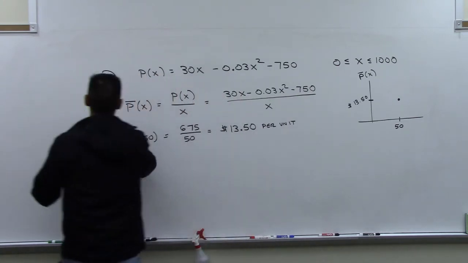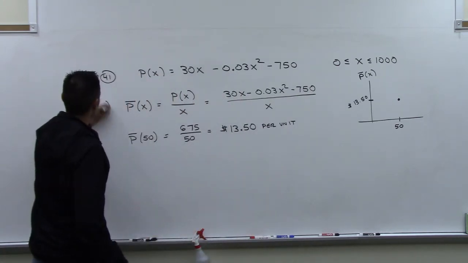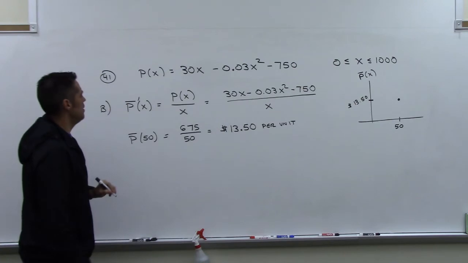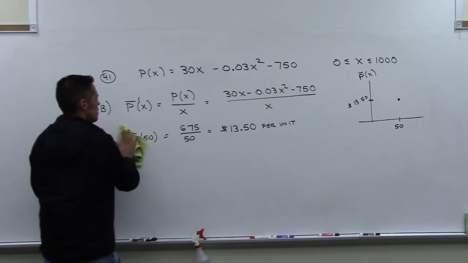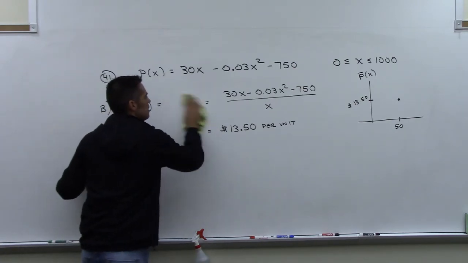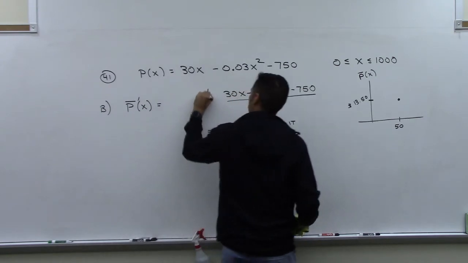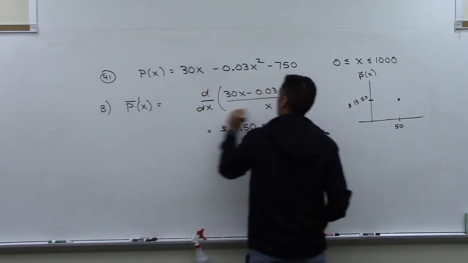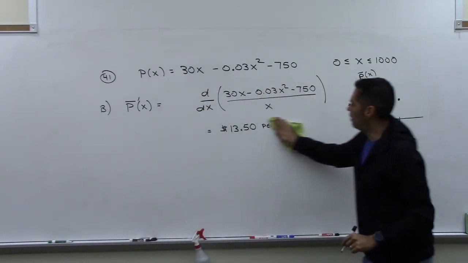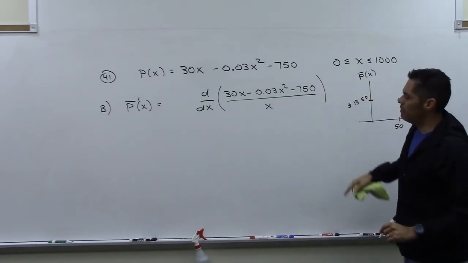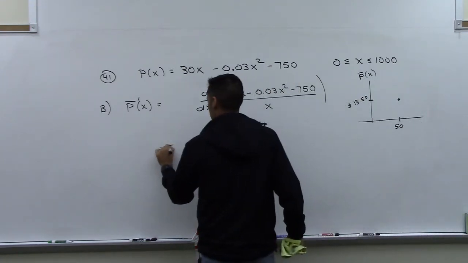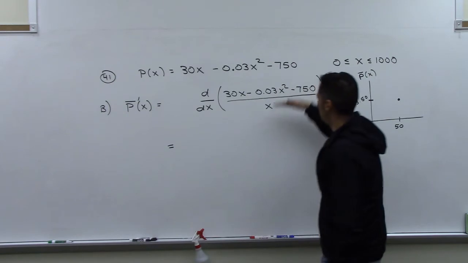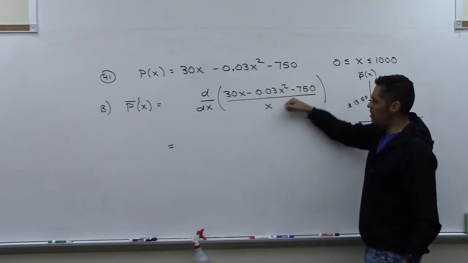So part B, to find the marginal average profit, we need to take the derivative of this average profit function. And to do that derivative, I'm going to need to use the quotient rule again. So I'm going to take the top function as f and the bottom as g.